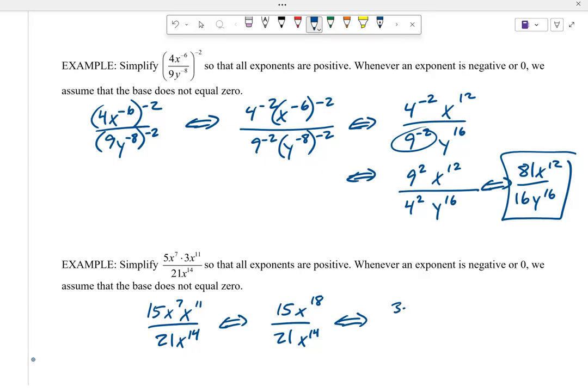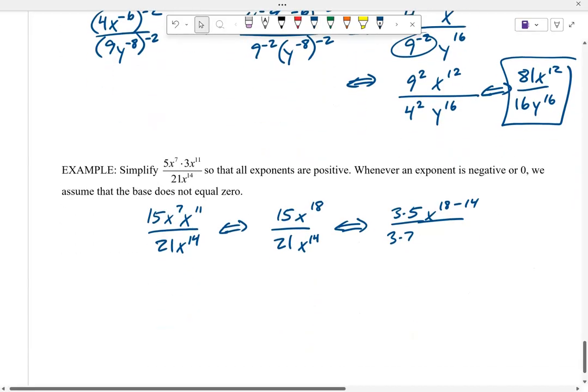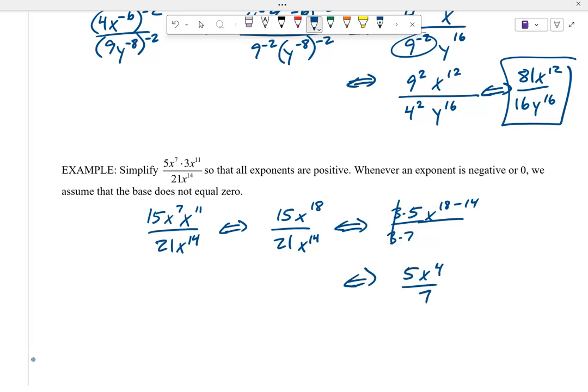Factors of 15 are 3 and 5. Factors of 21, 3 and 7. And then we've got 18 x's on the top, 14 x's on the bottom. So I'm going to be left with 4 x's on the top. So I got 5x to the 4th all over 7. Or you can write that 5 sevenths x to the 4th. Same thing.